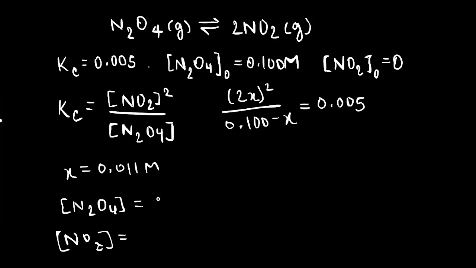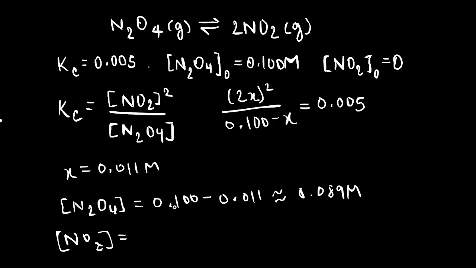So we know that N2O4 is just going to be 0.100 minus x, and in this case we found x to be 0.011. So this gives us an approximate concentration at equilibrium of 0.089 molar.